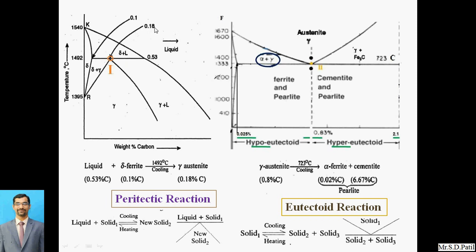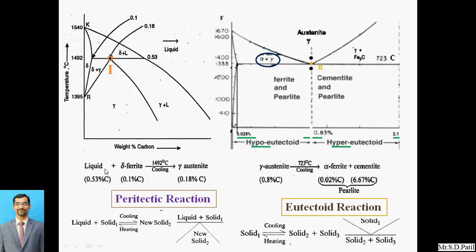0.18% of carbon. So when the delta ferrite phase starts cooling at 1492 degrees Celsius, delta ferrite plus liquid, we are going to get the austenite at 0.18% of carbon.